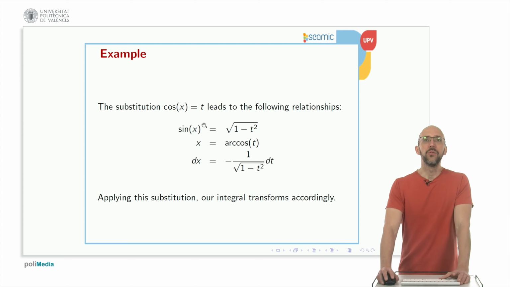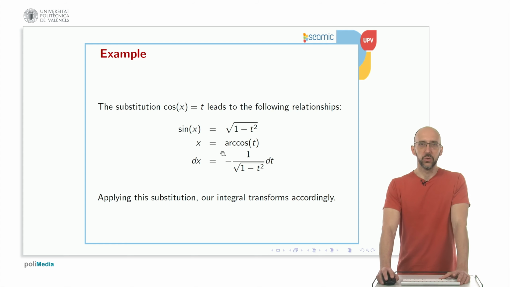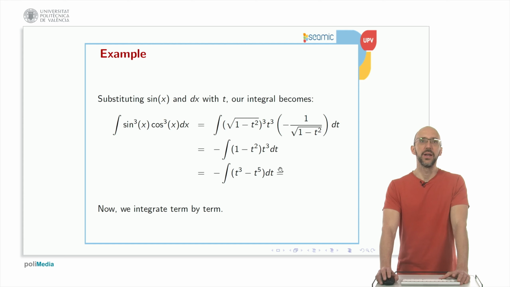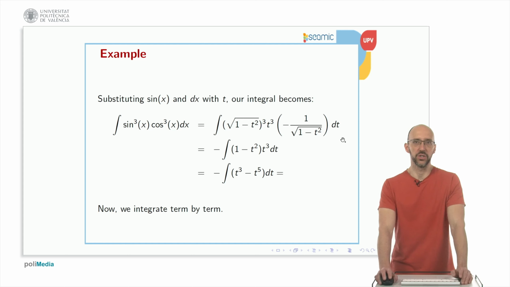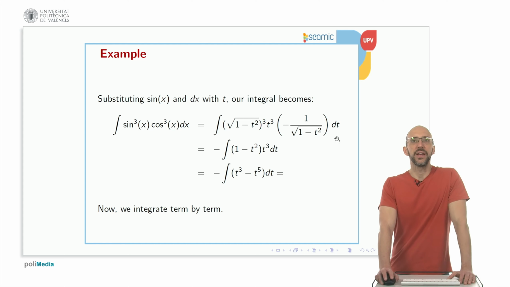So if we apply this substitution, cosine of x is t, sine of x is this square root, and dx becomes this expression, the previous integral becomes this integral. Sine cubed has been changed to the square root of 1 minus t squared, everything cubed. Cosine cubed has been changed to t cubed, and dx has been changed to the expression. Do you see that I can simplify things here?